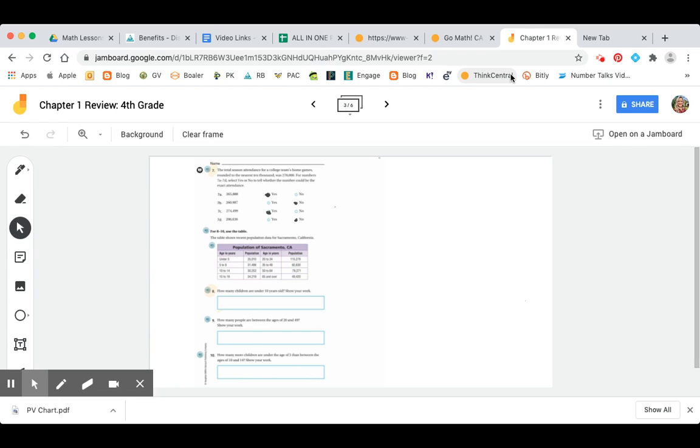Well, kids, are these people under 10 years old? Yep. Are these people under 10 years old? Yes. Are these people under 10 years old? No. It says under, so we can't include them, even though there's a group of people that are 10 years old. So we're going to be adding these guys together right there.